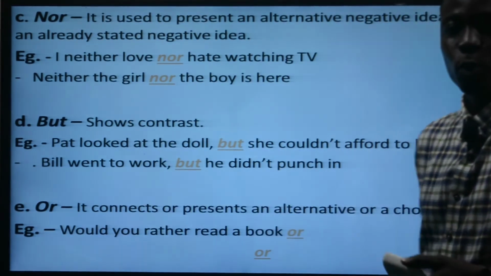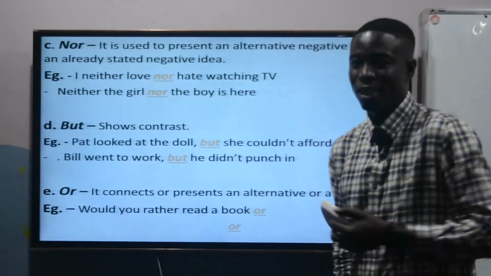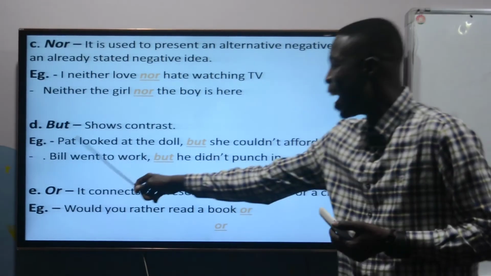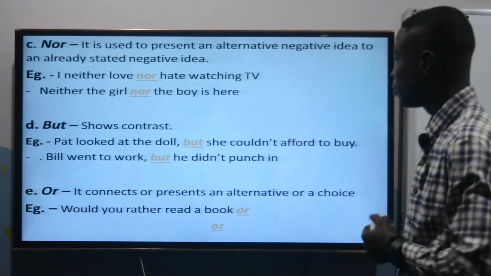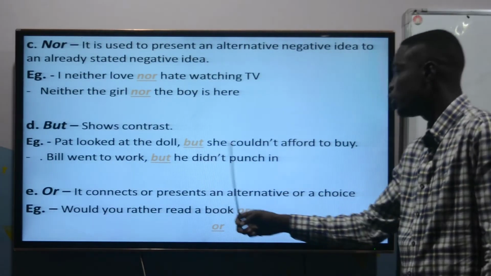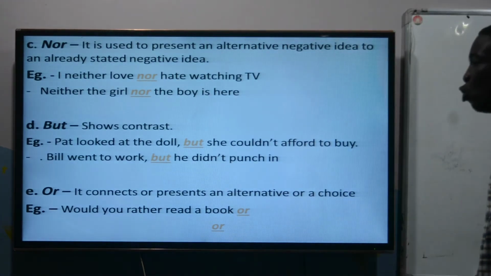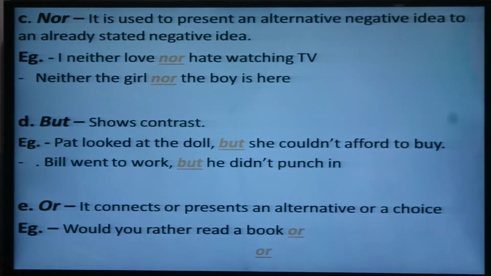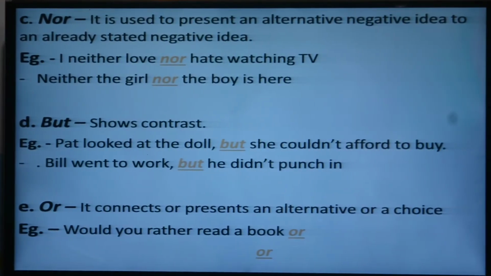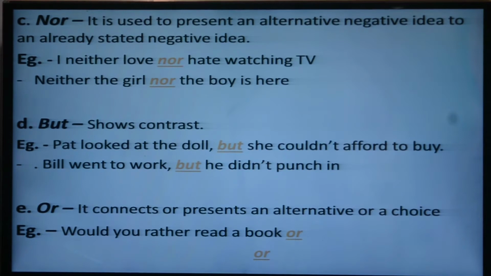Let's take the examples and I'll explain the contrast. Pat looked at the doll, but she couldn't afford to buy.